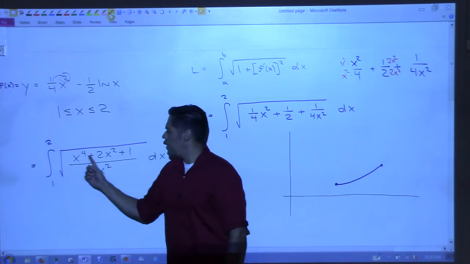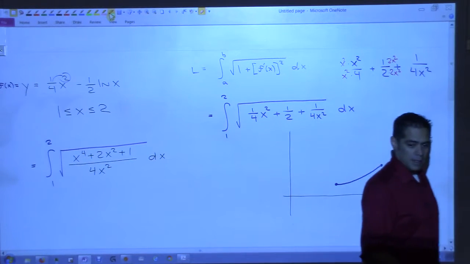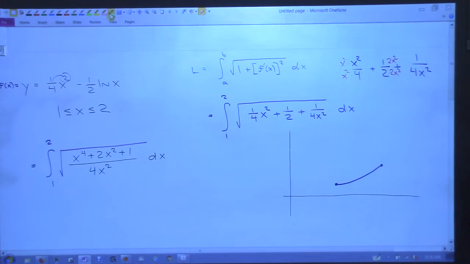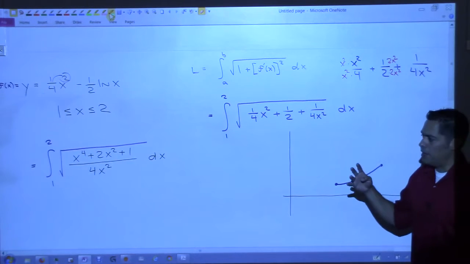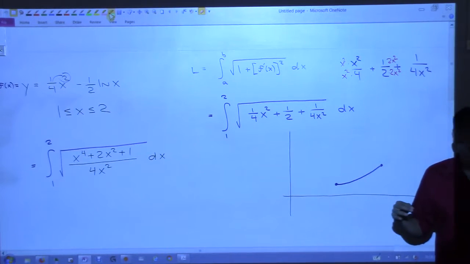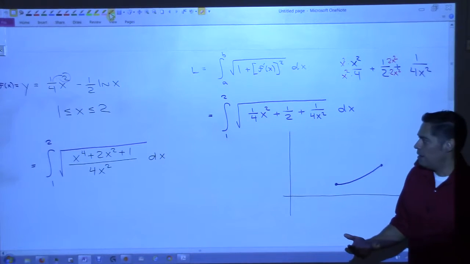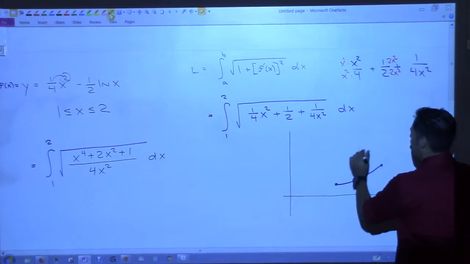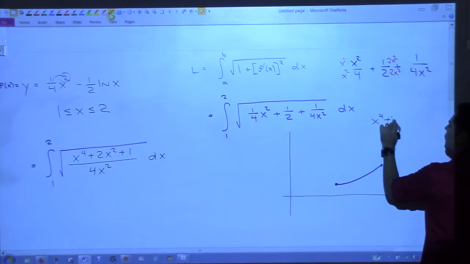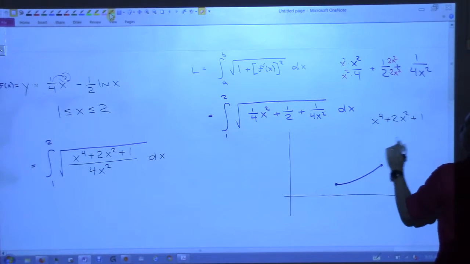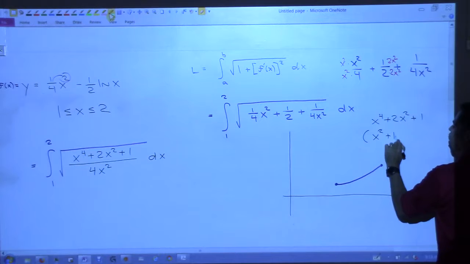Do you recognize that we can do something with that? It's a quadratic type. It's not exactly quadratic because it's fourth degree, but it looks like a quadratic trinomial, doesn't it? And the question would be, does it factor? And it does, right? So we have to recognize that x to the fourth plus 2x squared plus 1 factors to be x squared plus 1 squared.